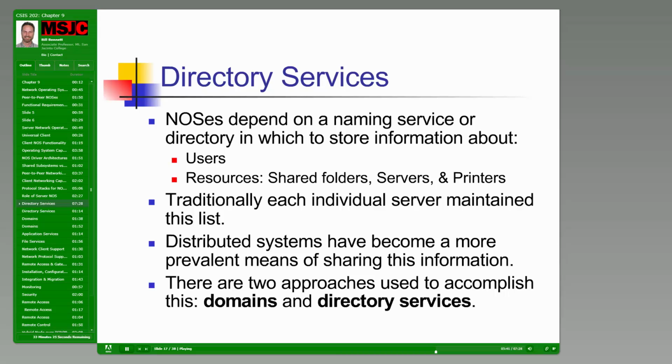Each domain controller is capable of modifying the user information and storing information about the resources, and then all domain controllers share their information with all other domain controllers operating within a particular domain. So that has changed quite a bit. It's a distributed system now, whereas previously we had a single system that was defined as that primary domain controller.